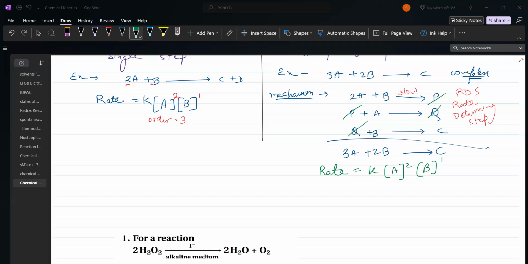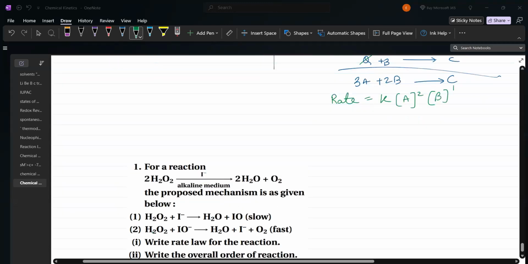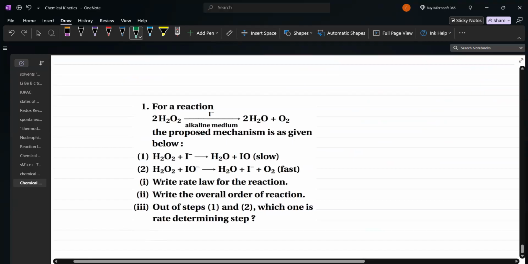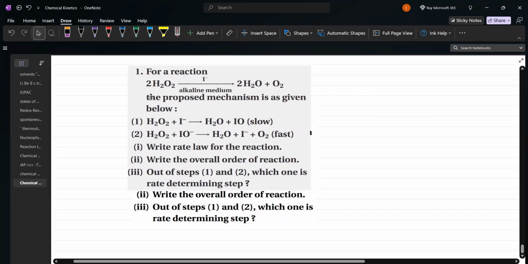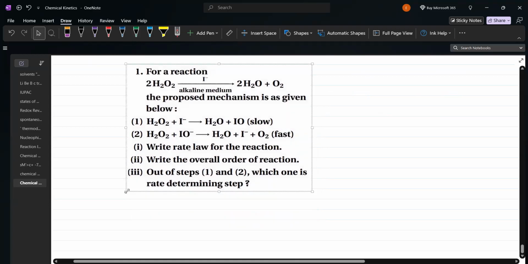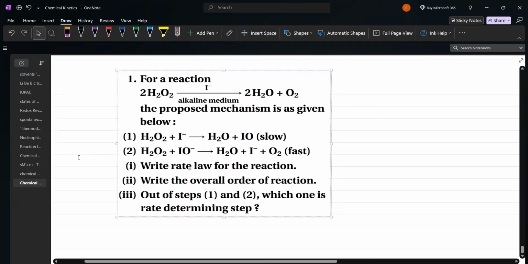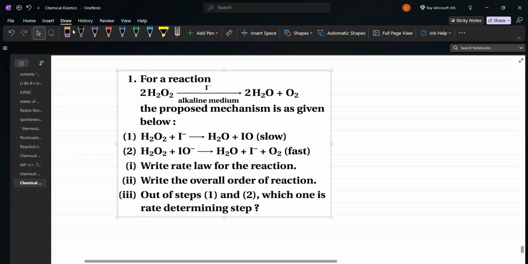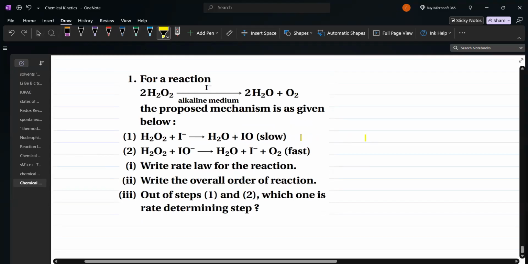So please solve this question. Can you people see, this is a complex reaction, because it has already been mentioned that one step is slow and one step is fast.